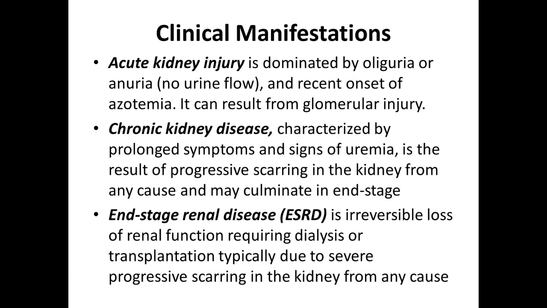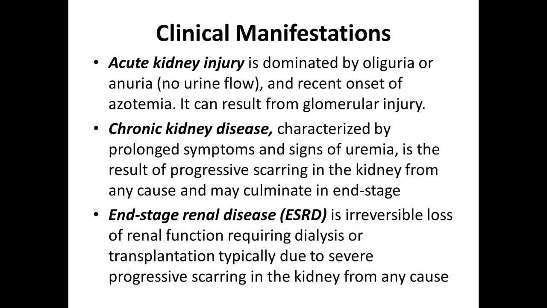Clinical manifestations of acute kidney injury can be dominated by oliguria or anuria, and recent onset of azotemia. It can result from glomerular injury. So, chronic kidney disease, guys, characterized by prolonged symptoms and signs of uremia, is the result of progressive scarring in the kidney, and of course it can culminate in the end stage.